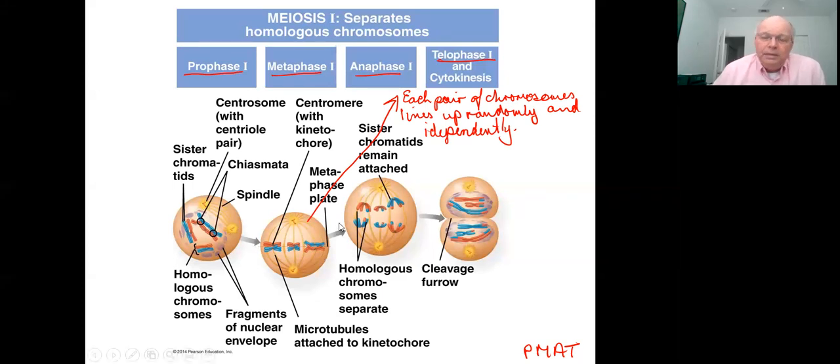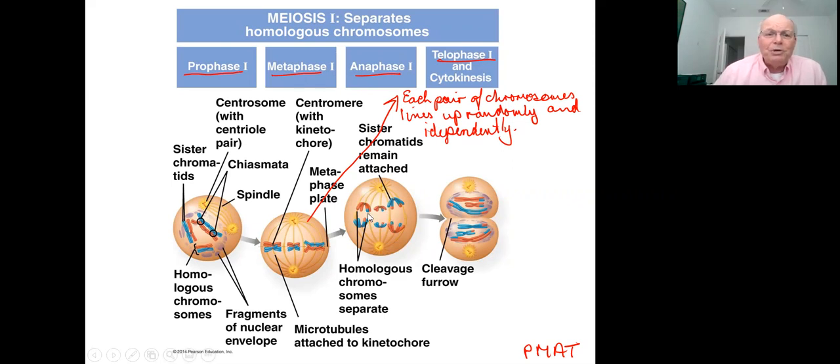Then in anaphase of mitosis, the individual chromosomes separate and start migrating to opposite poles as the centromeres break and allow the sister chromatids to separate. Here, it's the homologous pairs that separate.